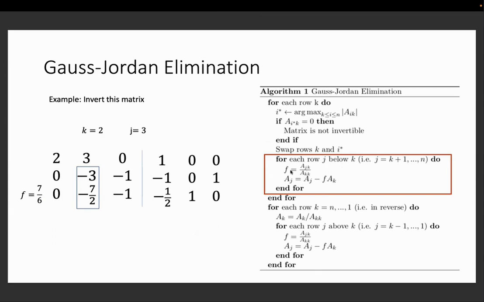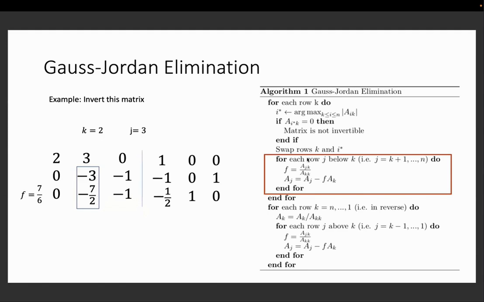So the scale factor here is 7 divided by 6, because A32 is equal to minus 7 divided by 2, and A22 is minus 3.